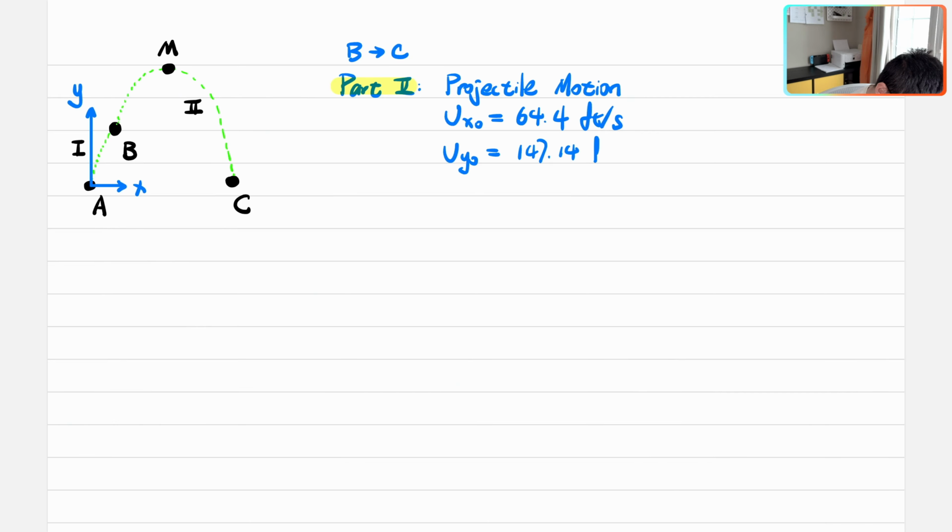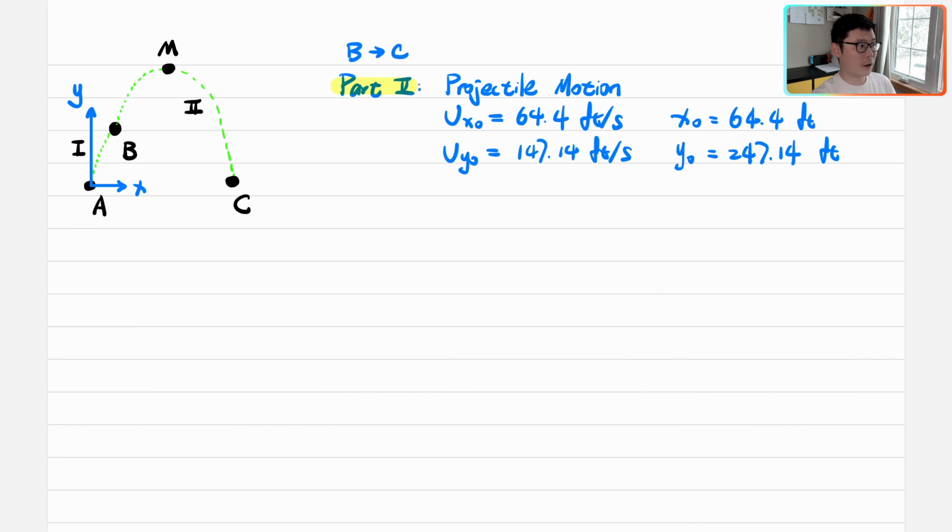That's velocity, and our starting position x naught and y naught at point B, 64.4 feet and 247.14 feet. Okay, these are our initial conditions for our projectile motion, starting at point B. All these values we calculated from part 1 now become our initial conditions for part 2.